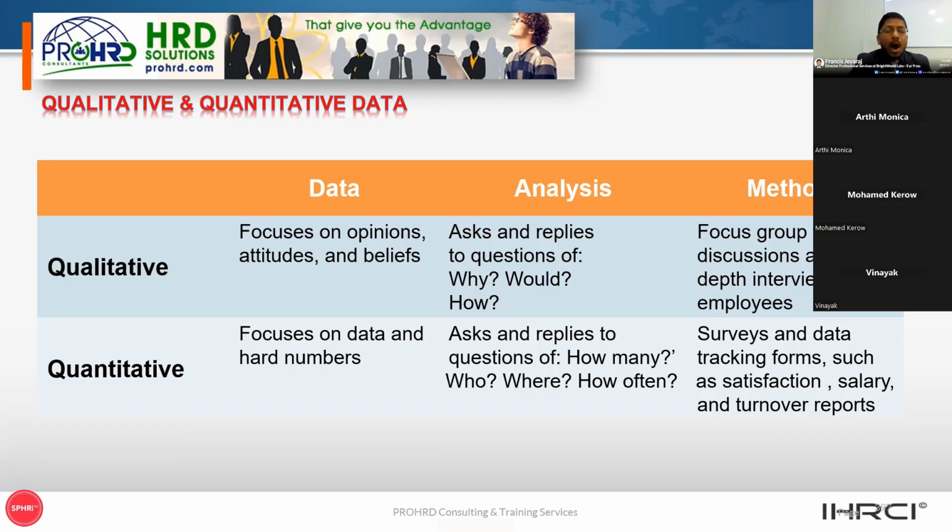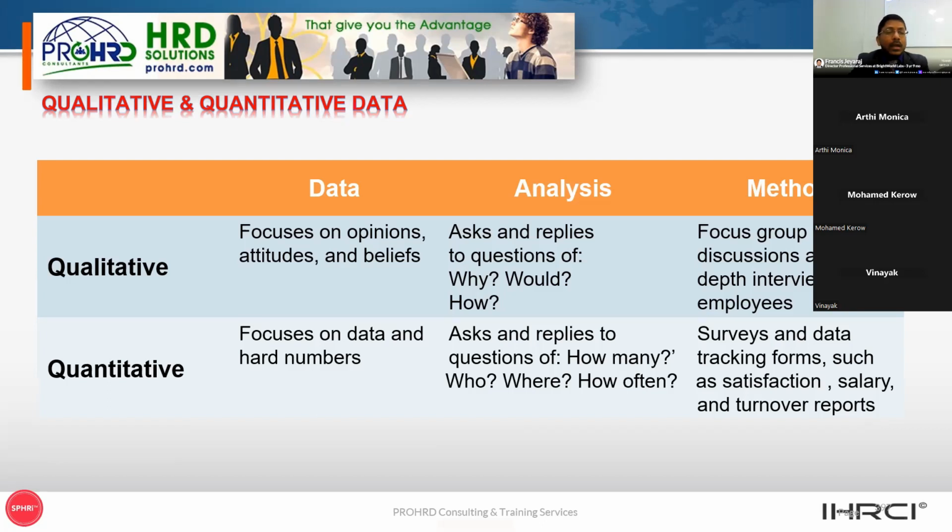They are proposing the organizational health index, finding out the aspiration of the executives and encouraging the top leaders to share their stories and diagnosing the pulse of the organization. They call it the OHI index. Okay, so here you can ask and reply to questions of why, would, and how, all that we can ask. The methodology will be focus group discussions and in-depth interviews with the employees.